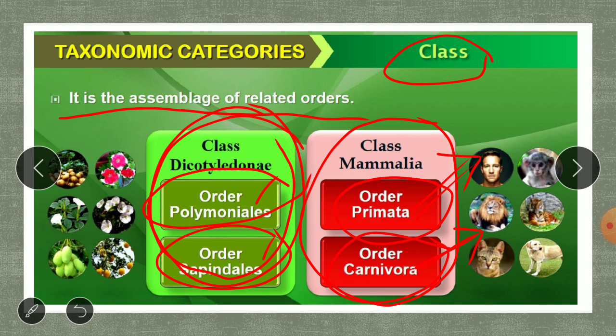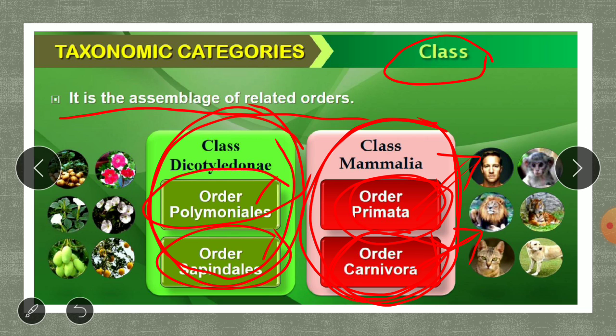They feed their young one, their newborn baby, with milk. This is the common feature between the cats, dogs, lion, tiger, human being and the monkeys. So order Primata and the order Carnivora are both put into the common class that is Mammalia.